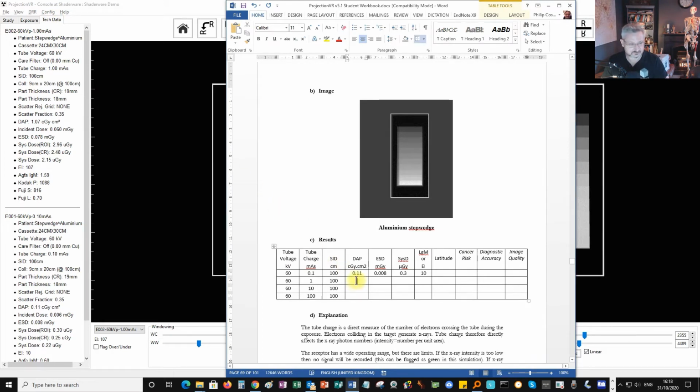So now the dose area product has gone up to 1.07. So that's 10 times previously. The entrance surface dose has gone up to 0.78, which is 10 times. The system dose has gone up to 2.48.